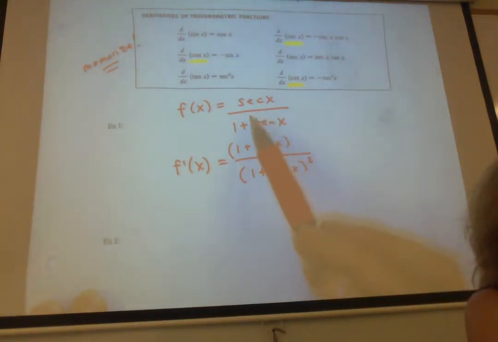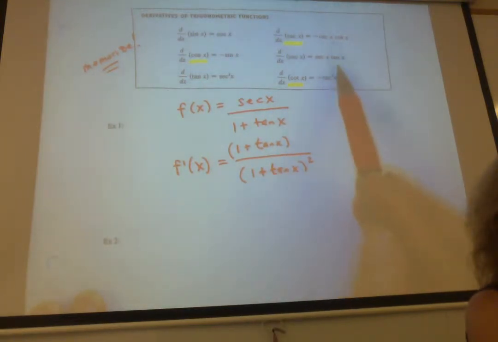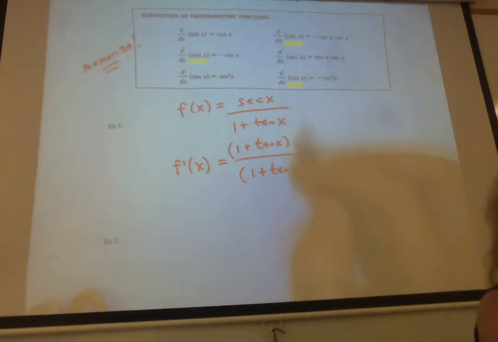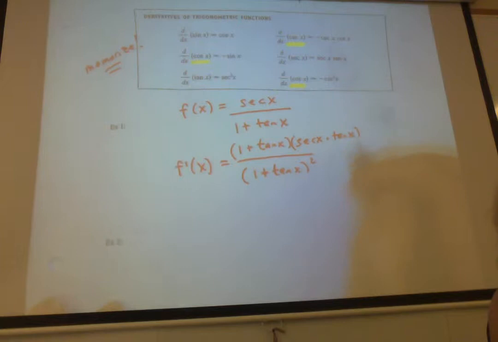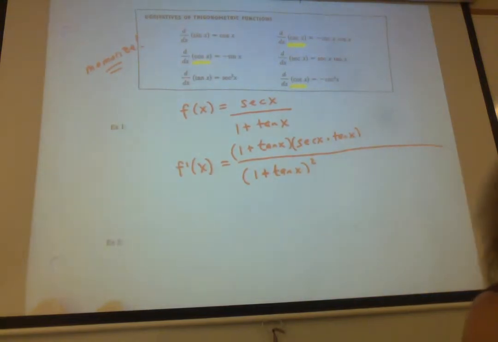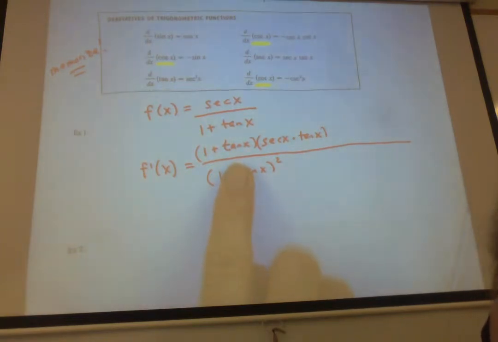So the derivative of secant x is secant x tan x, and that means multiply, okay? So I'm going to write this. It's going to be secant x, and for now I'm going to put a times here, though after a while I won't put that. So I have 1 plus tan x times secant x times tan x.